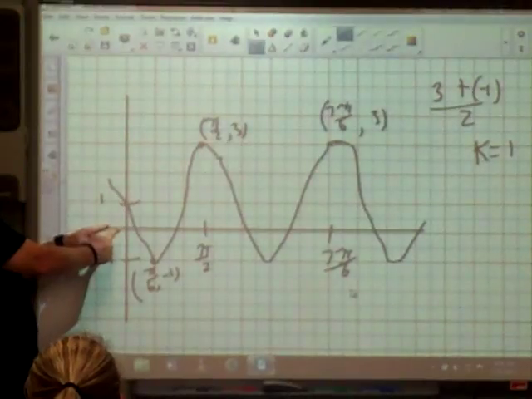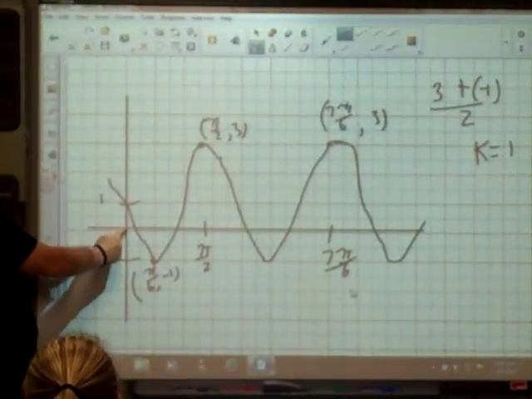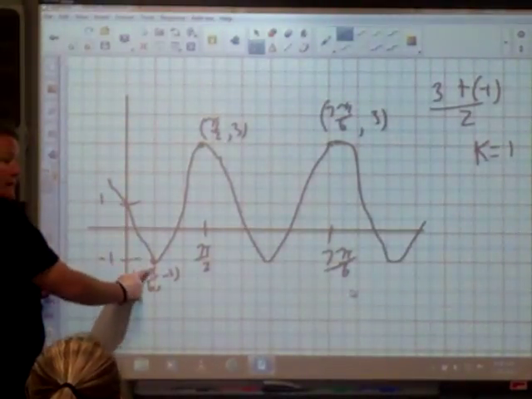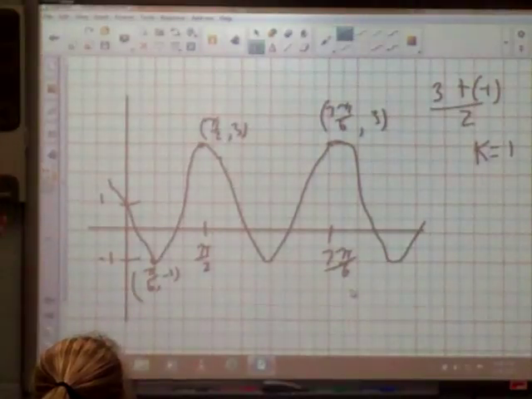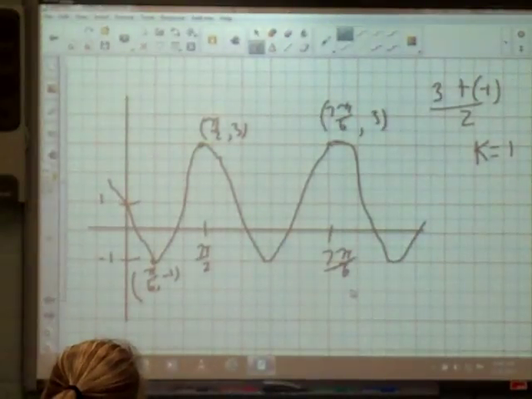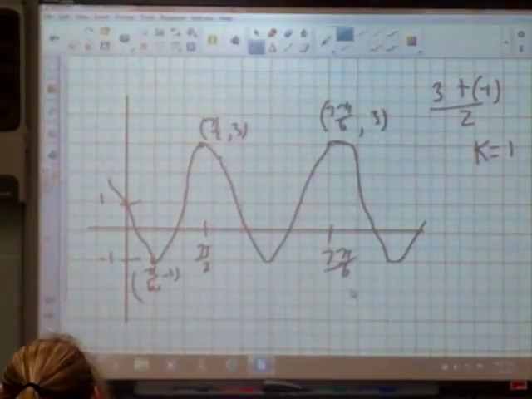Sine. But what's different about this one? Well, when we move it down to here, normally they went up first. That one will be going down first, which means in the form y equals a sine bx, our a is going to be negative. Very good. So y'all are ahead of me on some of that stuff. All right, so we know it's sine. We know our a is going to be negative.